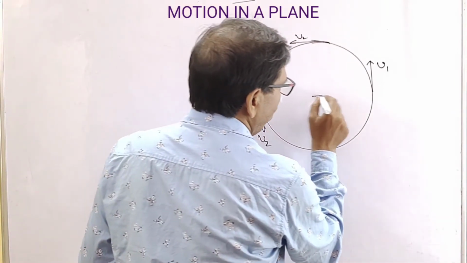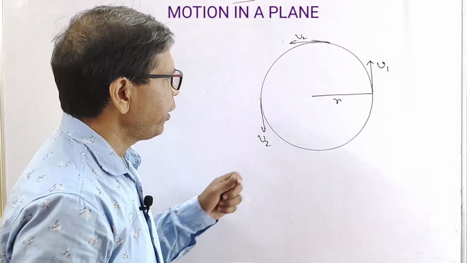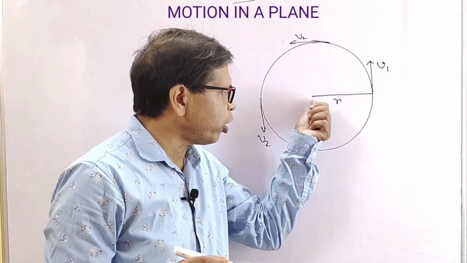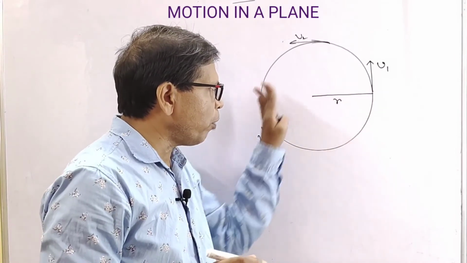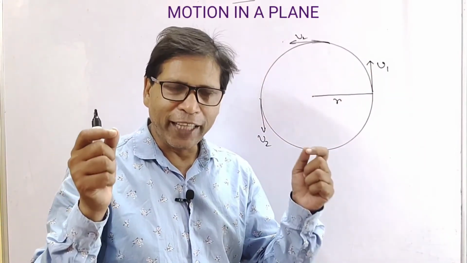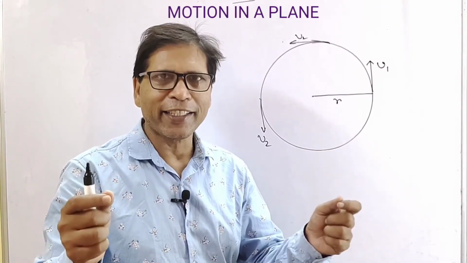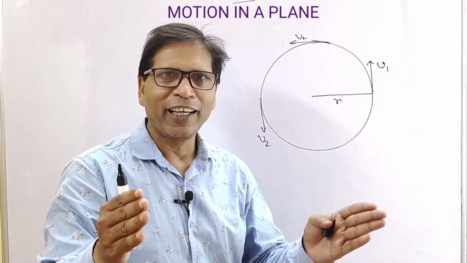Now the radius of the circular path is called radius vector, and a line that passes through the center of the circular path and is normal to the plane of the motion is called axis. In circular motion, the axis is always fixed, as direction is in linear motion.